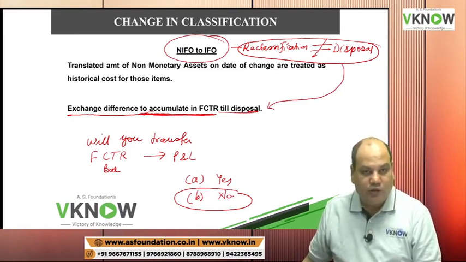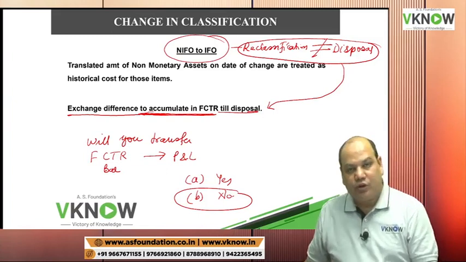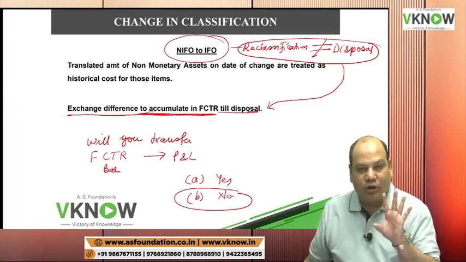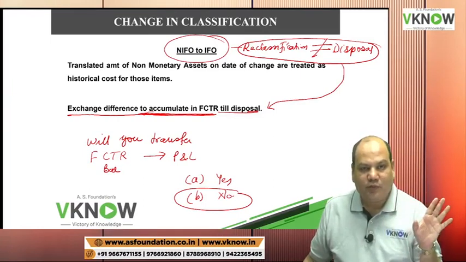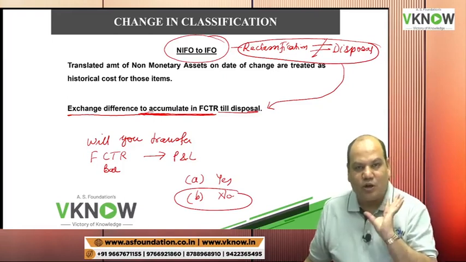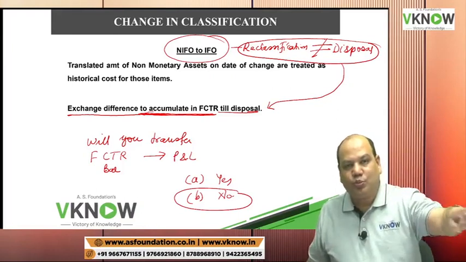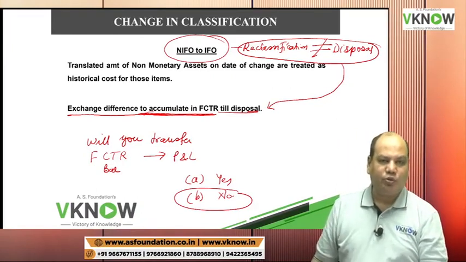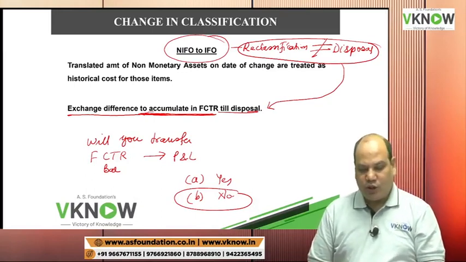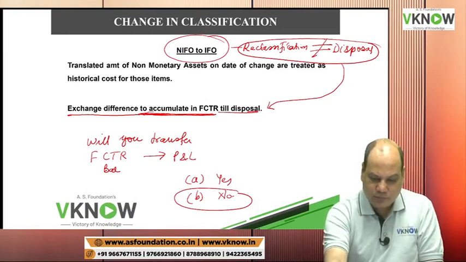So the interesting thing is that even though non-integral foreign operation is reclassified into integral, the standard says I will not allow you to transfer from FCTR to P&L account. Let it remain in FCTR only. When you dispose that foreign operation, that time I will allow you to transfer to P&L account, so that companies cannot take advantage of this.